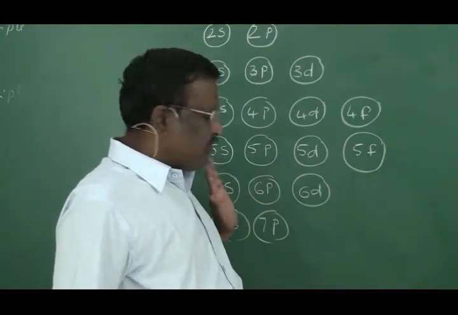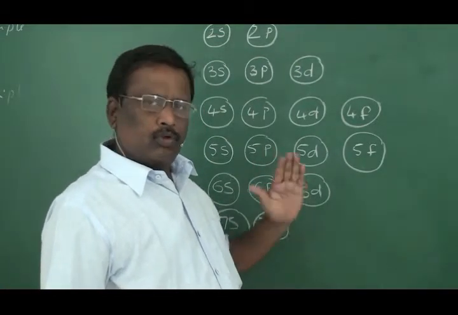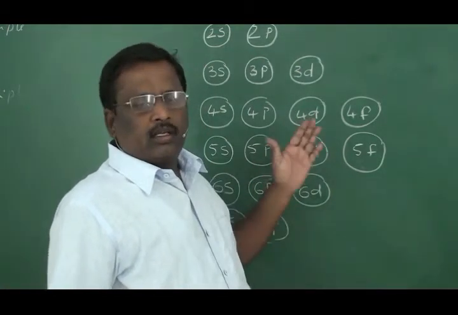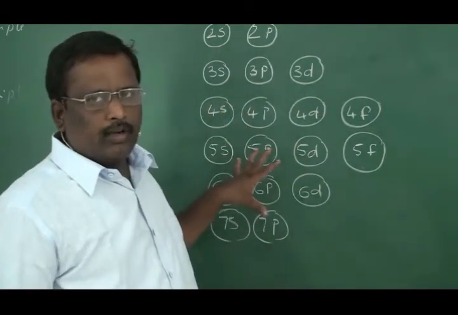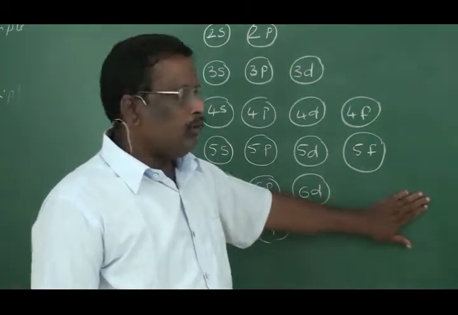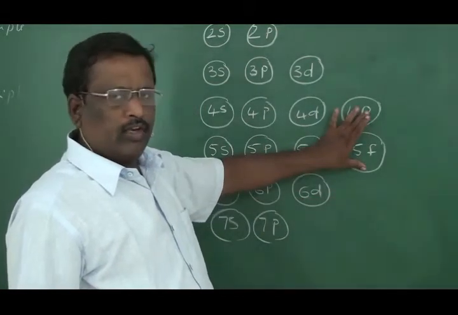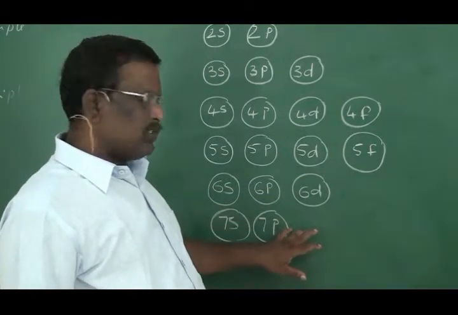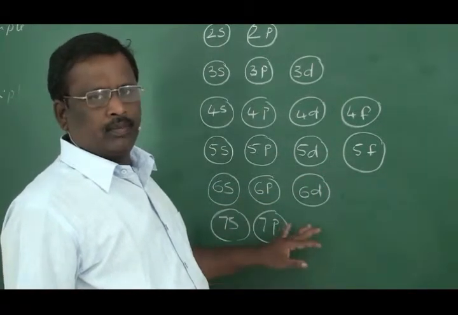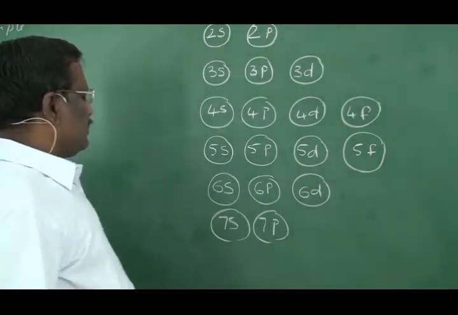These orbitals are sufficient for the present atoms up to 160. All atoms' electronic configuration will be within these orbitals. 4f and 5f only are filled, not the 6f. Similarly, there is no space for 7d. That's why I am not writing all those orbitals.